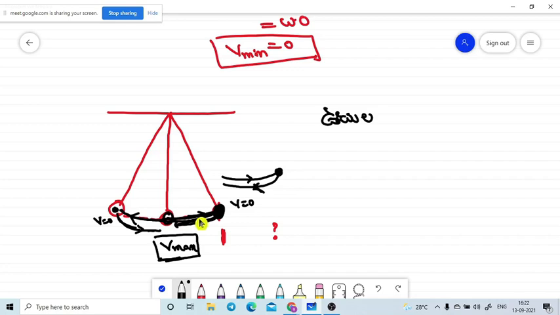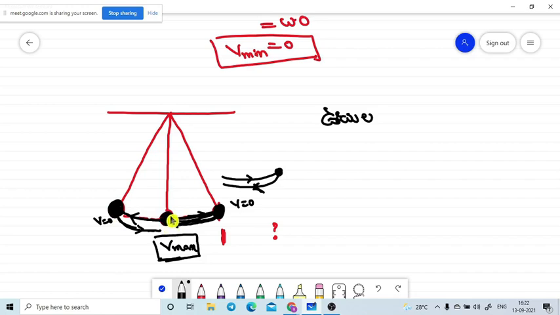It could just stay there, no? No, don't. See what I told you. The particle would always stay at the mean position itself, but it is not an equilibrium position. In this case, the total force acting at this point is not equal to 0. The particle will be at rest if the net force acting is 0.